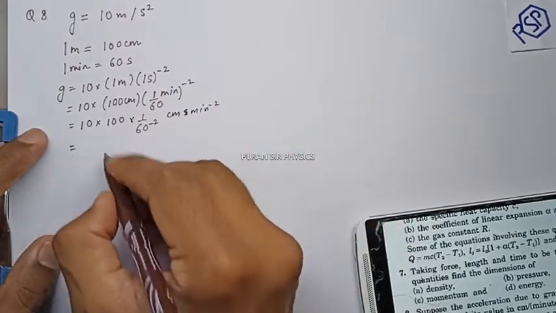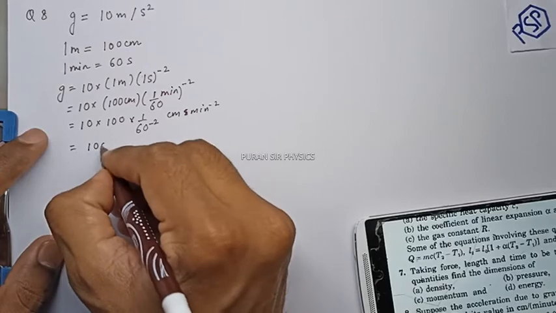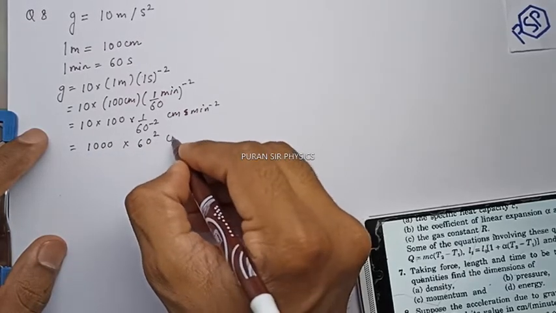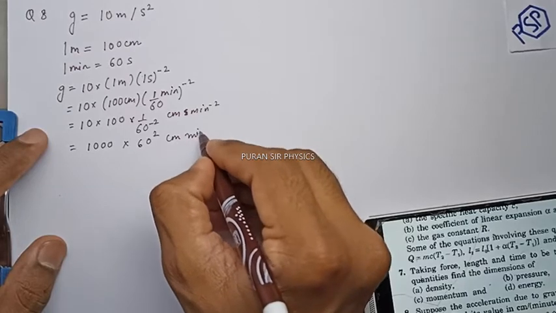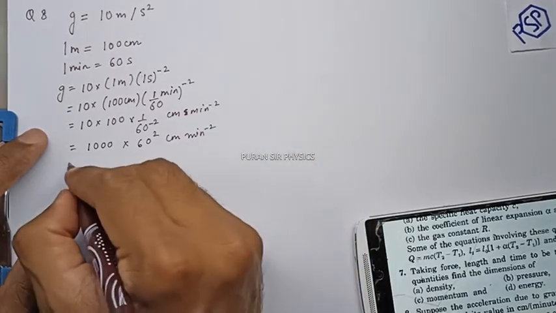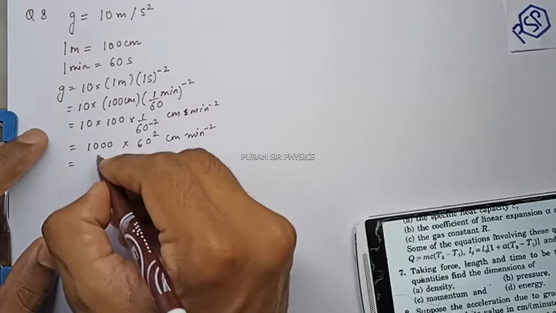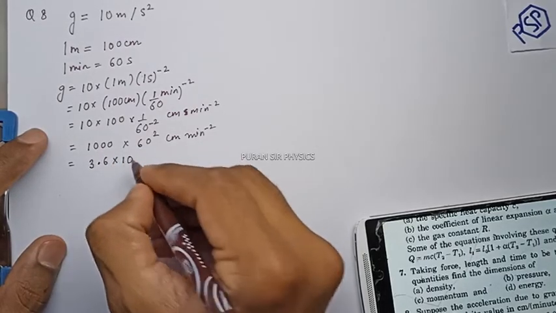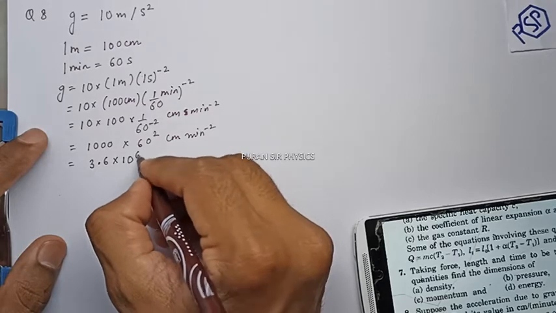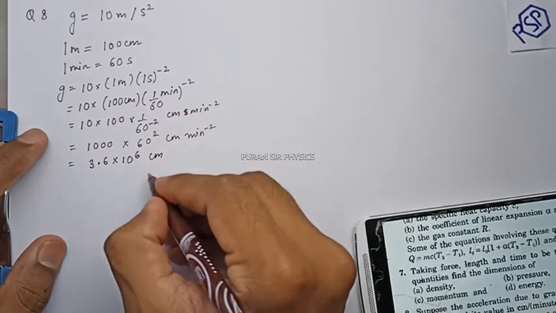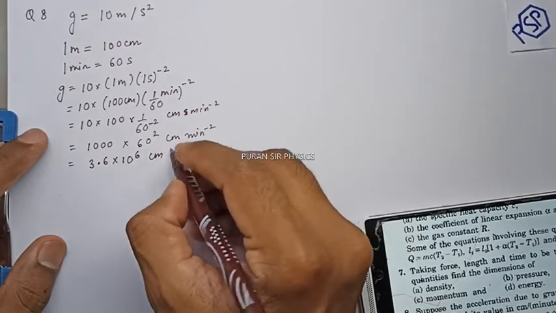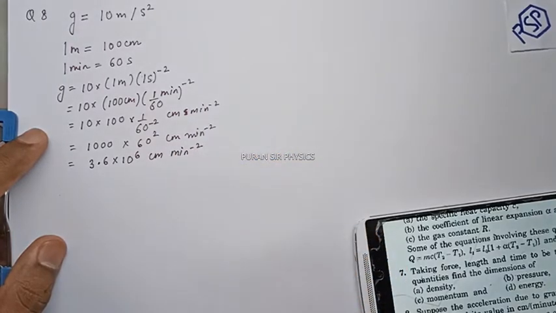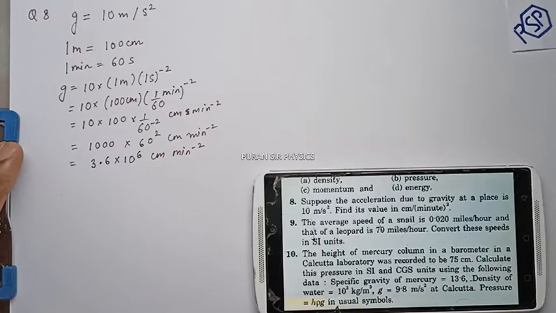We can write this as 1000 into 60 square centimeter minute raised to power minus 2. So it will be 3600, so we can write 3.6 into 10 raised to power 6 centimeter minute raised to power minus 2. So this is the answer of question number 8.